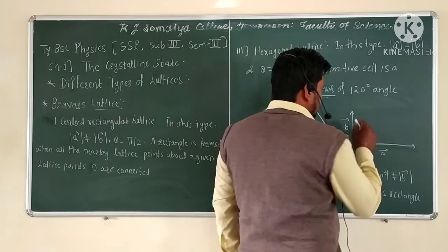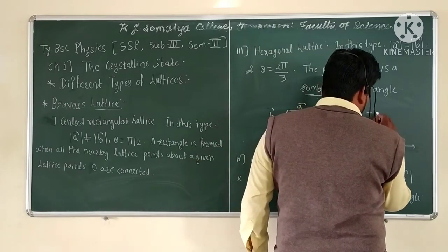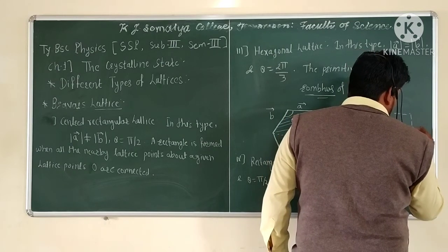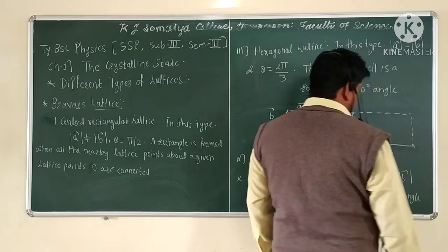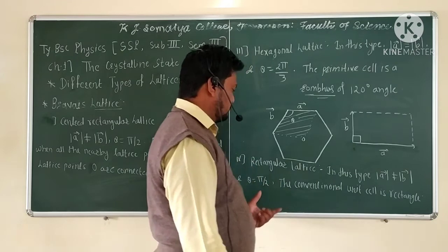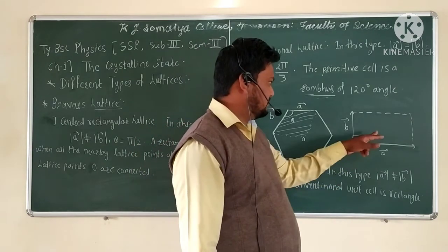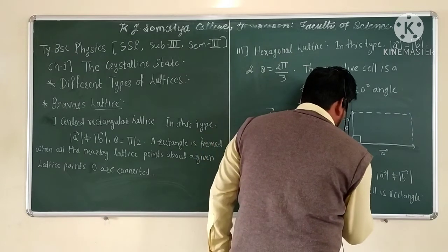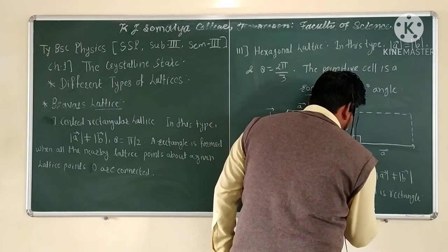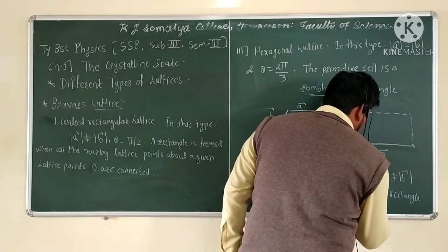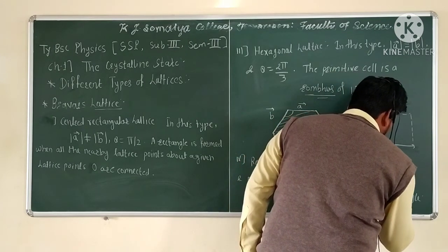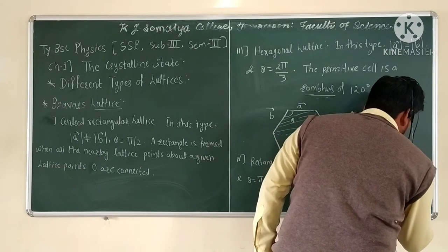The structure formed is a rectangle, and that's why the conventional unit cell is a rectangle. So this is figure 1.18, the rectangular lattice.